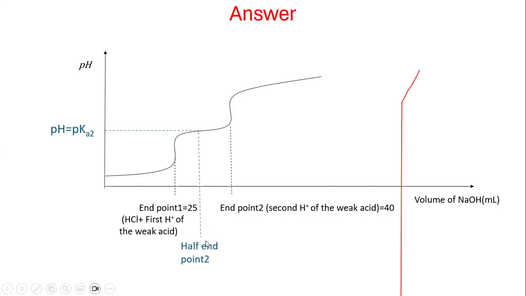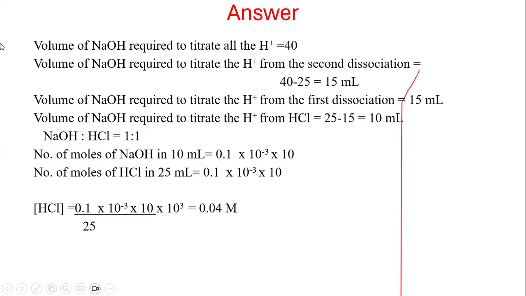So the difference should be for HCl. Right. So the calculation is very easy. So it's 10 ml needed. So sodium hydroxide 10 ml. What is the number of moles? Stoichiometry is 1:1. Same number of moles of HCl is there in 25. So the concentration. Remember, don't write anything just directly. Write all the steps. You will be at least scoring some marks, right? Okay.